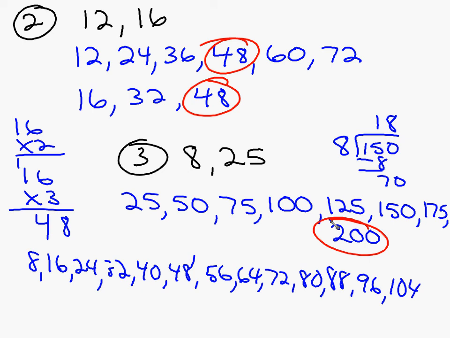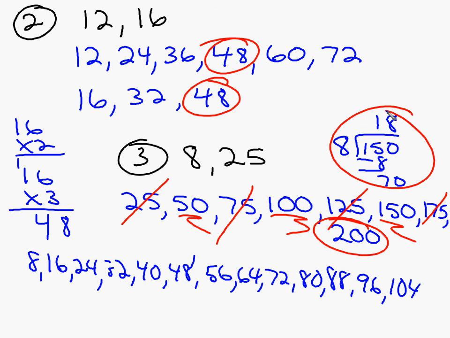And that's why I told you to think through some of those things. Think through, the multiples of 8 are all even. So since the multiples of 8 are all even, I know it's not going to be 25, 75, 125, or 175. I can rule all those out. And then as I go, I think, well, 8 won't go into that, 8 won't go into that, and then I checked, 8 would not go into 150.